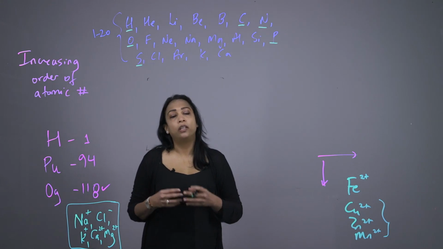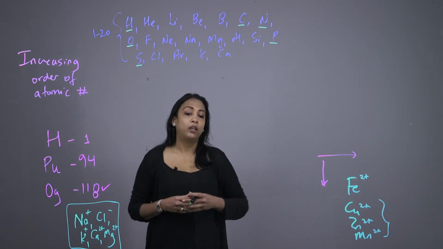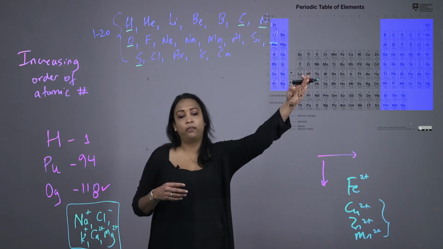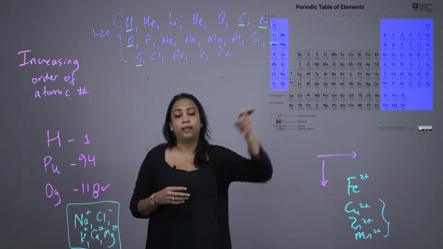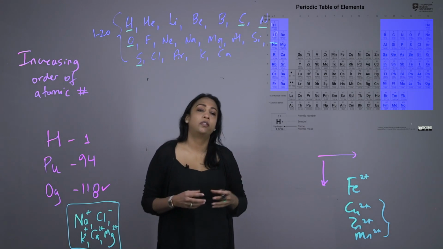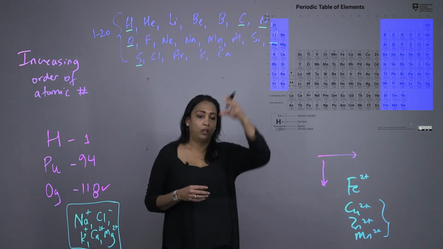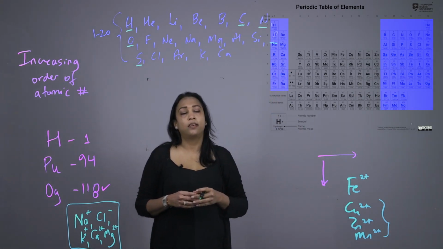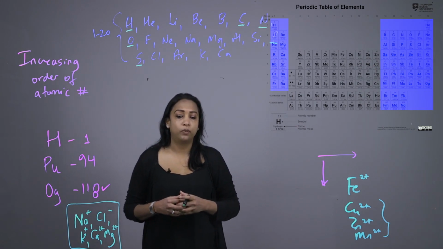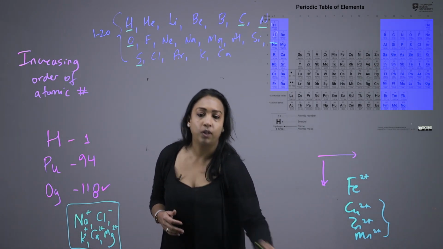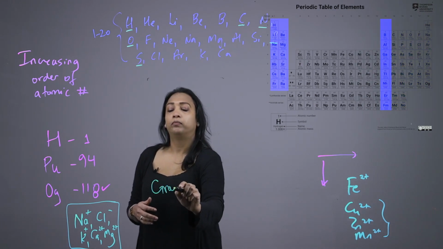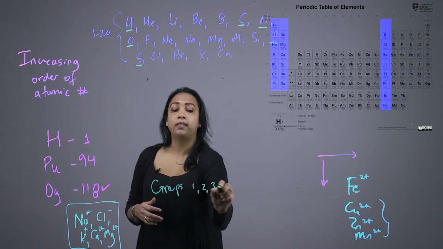Finally, it is going to be useful for us to identify groups 1 to 8 of the periodic table. Knowing the group number of an element gives us some very important information about the chemical properties and the physical properties of those elements. So specifically, groups 1, 2, and 3 are metals.